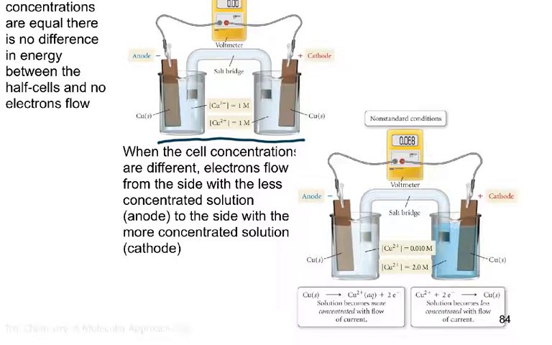But if we have a situation where we have a low concentration on our anode side and a high concentration on our cathode side, we're going to get flow because our solution here, we're going to be driving it this way to make more copper 2+, and here we're going to be driving it in the opposite way. And so we will end up with a current under non-standard conditions.